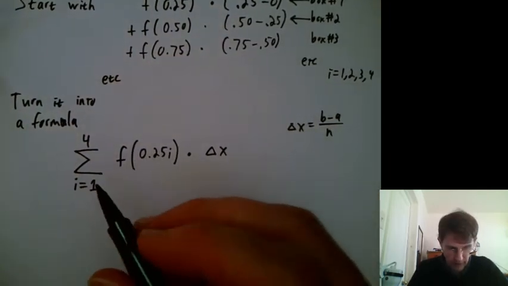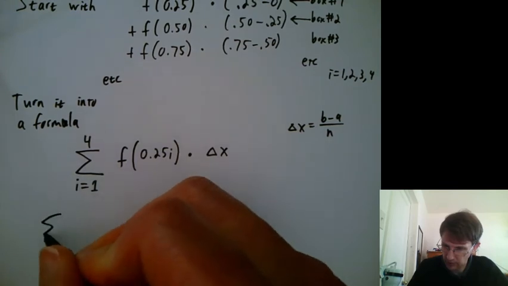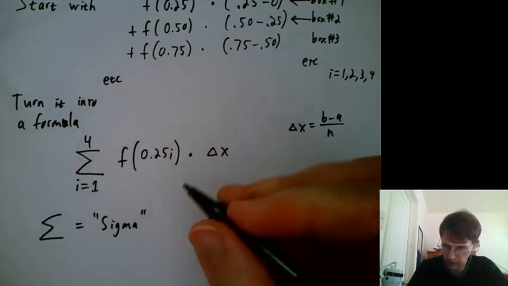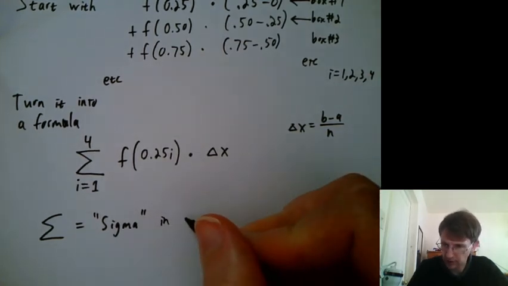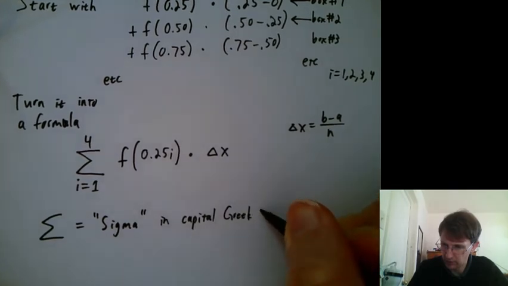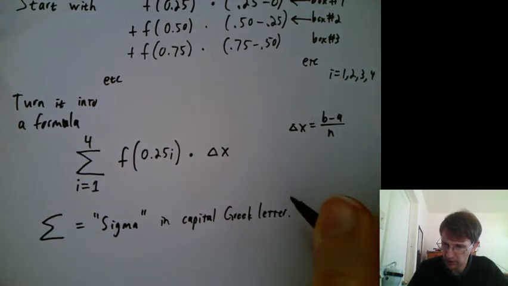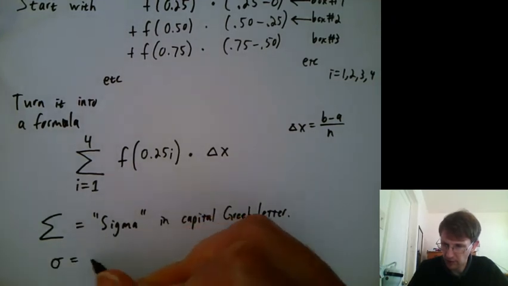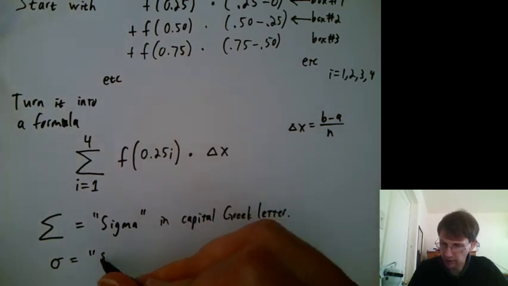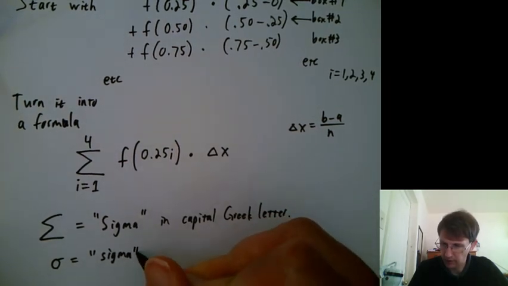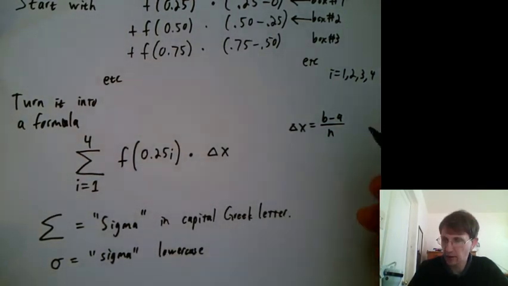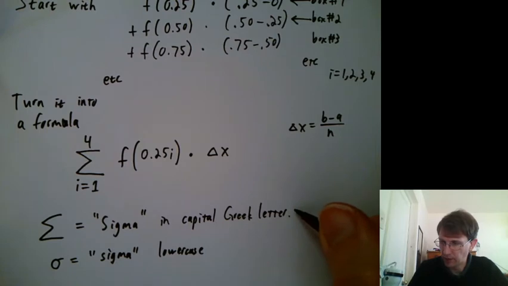So again, this symbol is a sigma. It's a capital Greek letter. You might have seen a sigma before written like this in standard deviation, and that's a sigma in lowercase. So this capital sigma in Greek letters means summation.